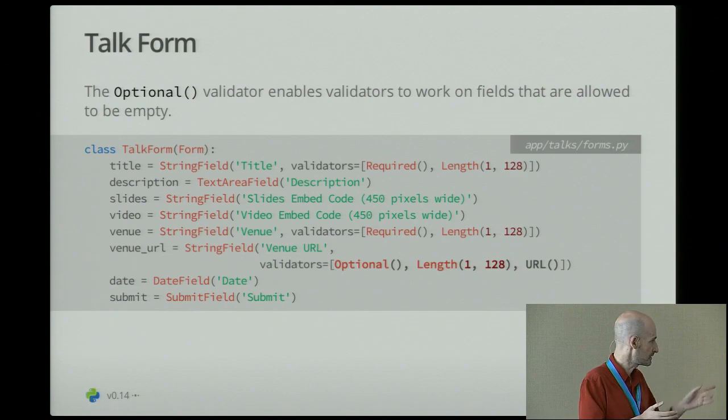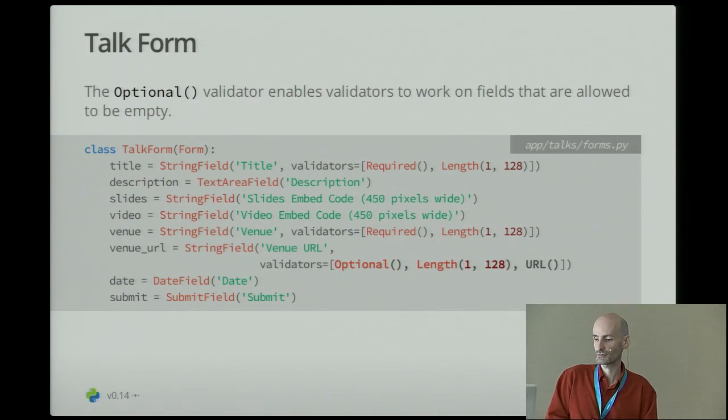I decided to show this because if you don't put the optional at the beginning, then you're going to be required to enter something, and that optional validator is special because it allows empty, and if it's empty, it will prevent the following validators from running. Does that make sense? If those two validators run, they will not accept an empty entry. So that's how you do optional with validation.